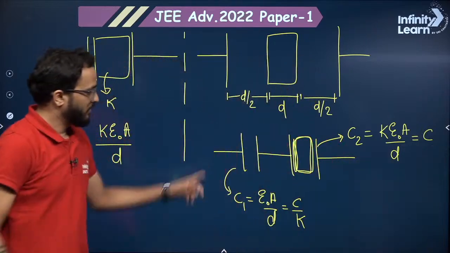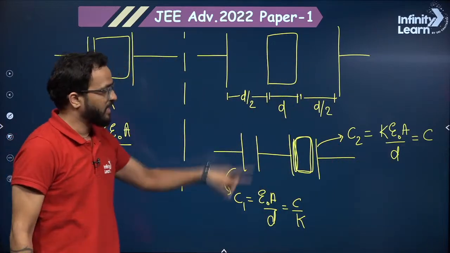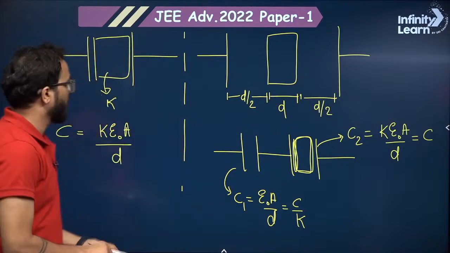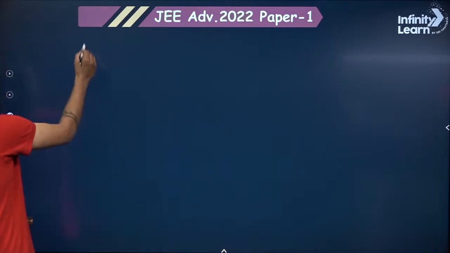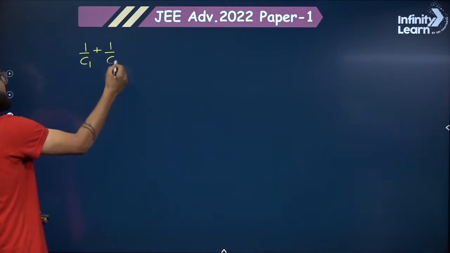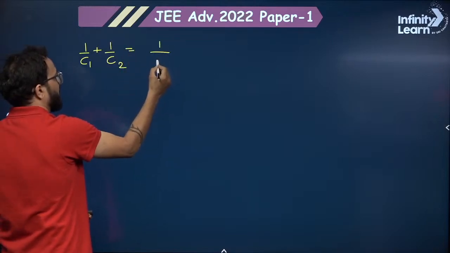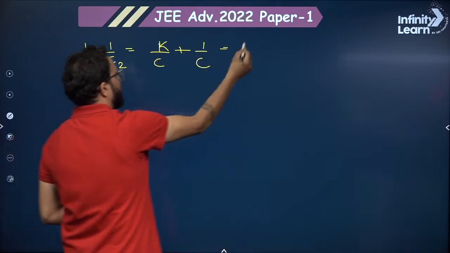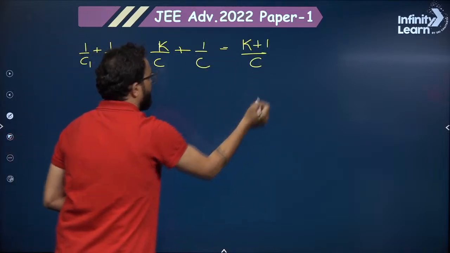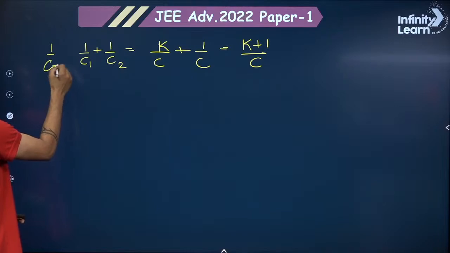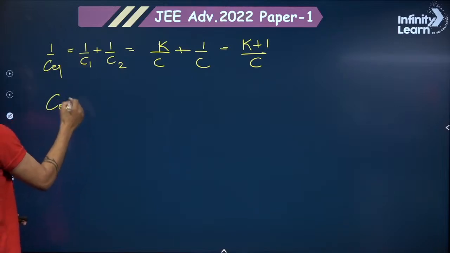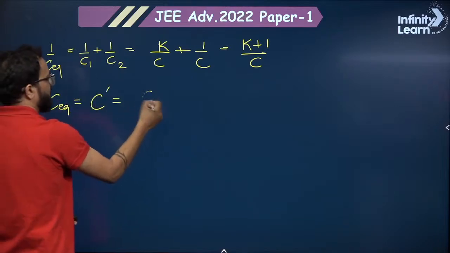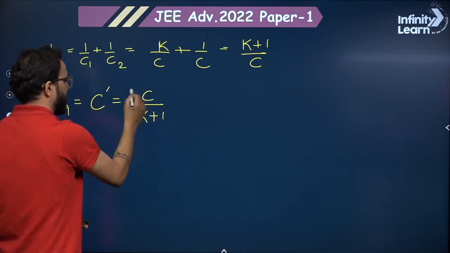So we have two capacitors in series, C by K and C, and when they are in series, how do we add them? 1 by C1 plus 1 by C2, that is 1 by (C by K) plus 1 by C, which is (K plus 1) by C. So in the second case, the new capacitance is C upon K plus 1.